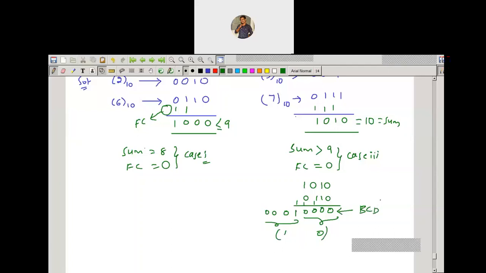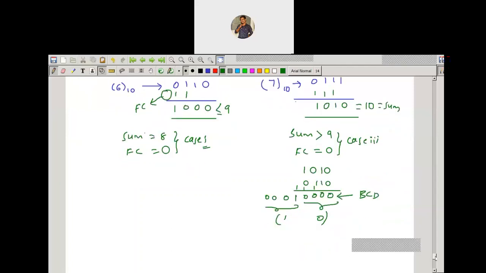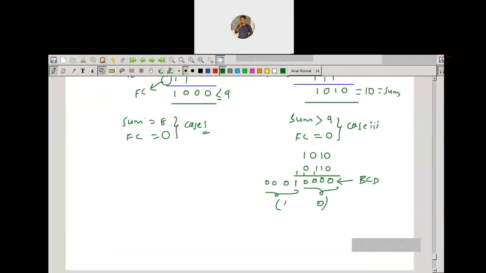Let's move to the second case. So we have seen case 1 and case 3. Let me take one more example which will show you the second case: 8 plus 9.